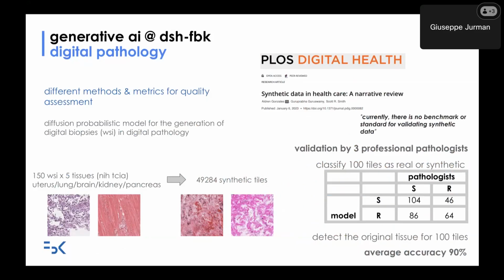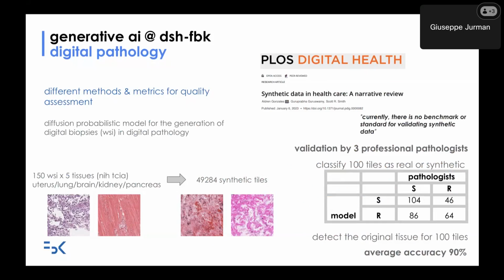And we are also dealing with imaging, so digital pathology. Also here, starting with a restricted bunch of digital biopsies, we constructed a fair amount of synthetic imaging. And here too are the things to notice. Here we are using stable diffusion models for constructing them.